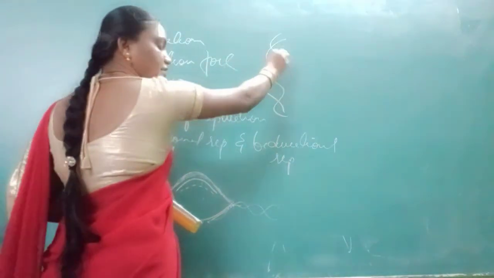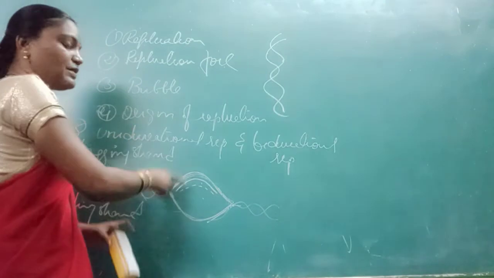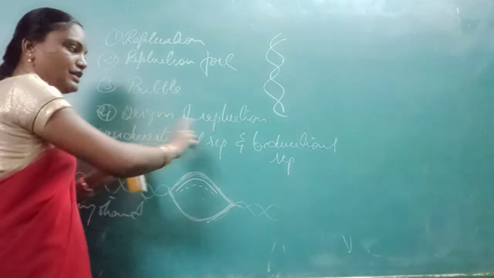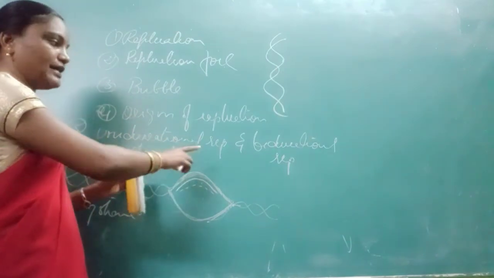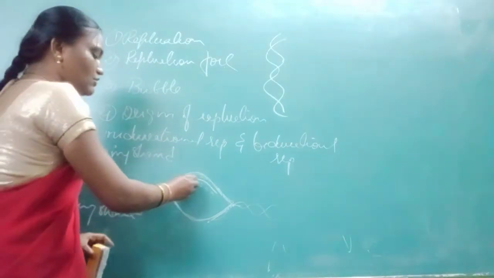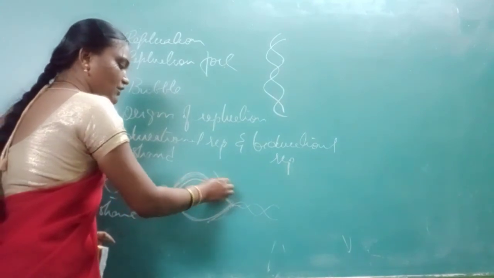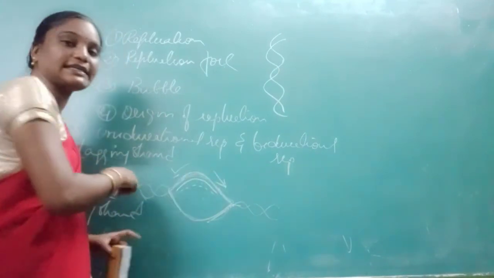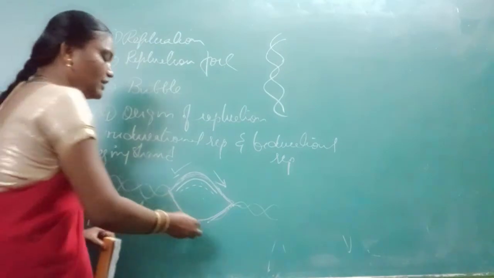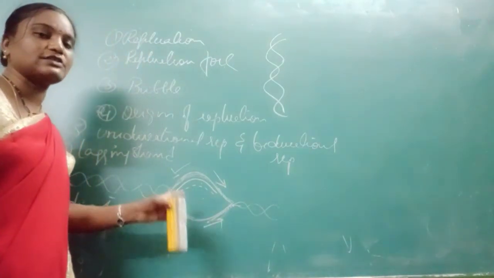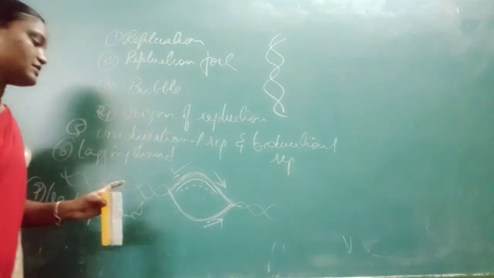After recognition of the origin of replication, the replication bubble is formed, and after that, unidirectional or bidirectional replication is observed. If replication synthesis is observed from both sides, it is known as bidirectional, and if the synthesis is in only one direction, it is called unidirectional replication.